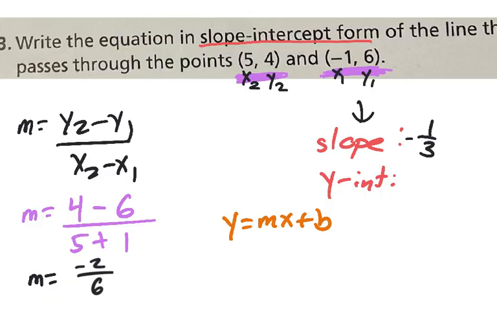So, thinking about this line, does the slope ever change anywhere on this line? No, that's the whole point of a line. It has a constant slope. Never changes. Does the y-intercept change on this line? What's the y-intercept of this line? Does that ever change?